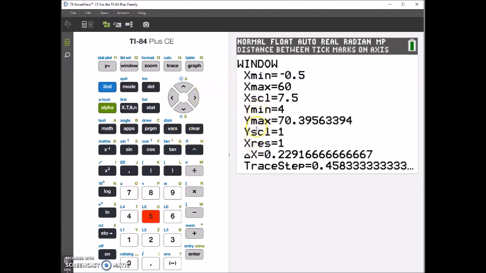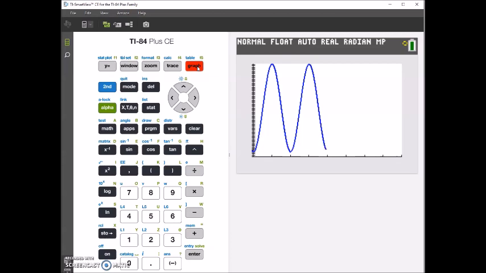The y values, the calculator adjusted pretty well for me, so I'm not going to worry too much about those, except that I might want to show the y minimum possibly at 0, just to give us a little bit better picture here. Let's try to graph that.